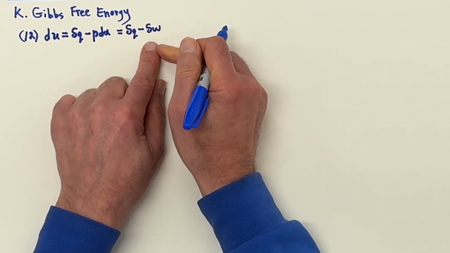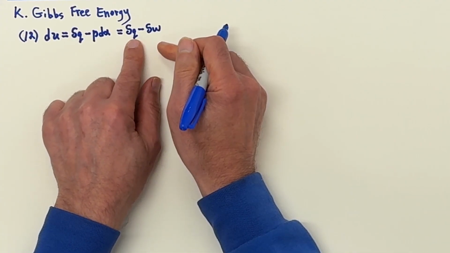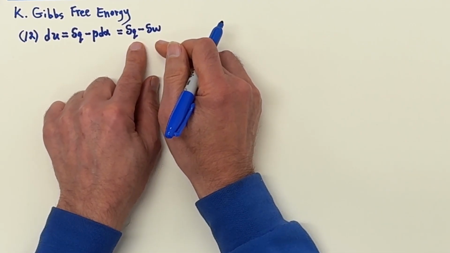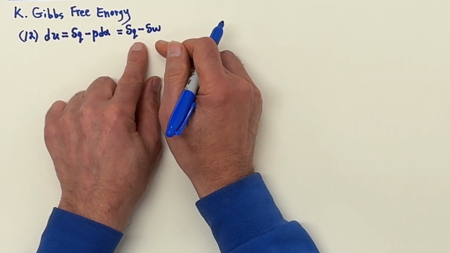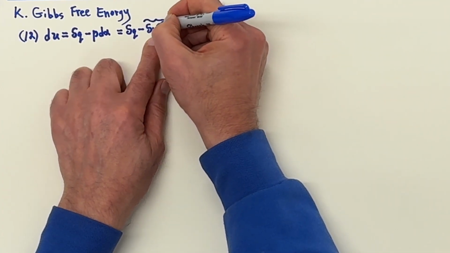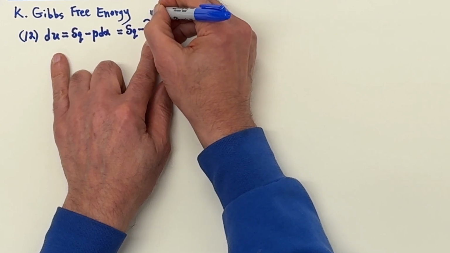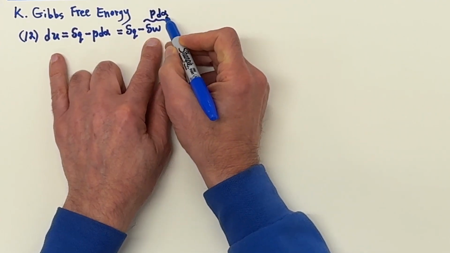Now these are path dependent. The heat transfer and the work done depend on the path. You cannot say there's a heat content or work content in the system. These are inexact differentials. They depend on the path. However, we're able to express the infinitesimal work done as P d alpha, and these are good variables.